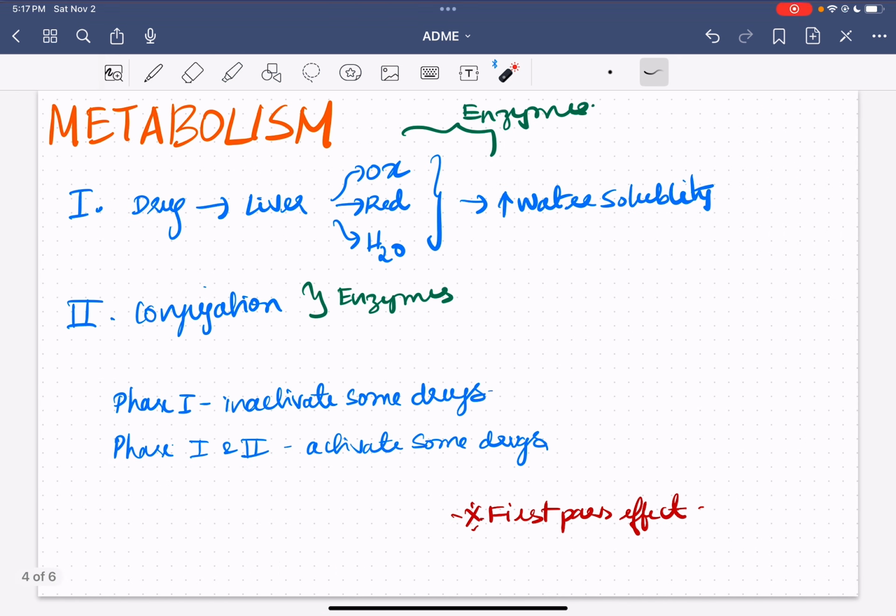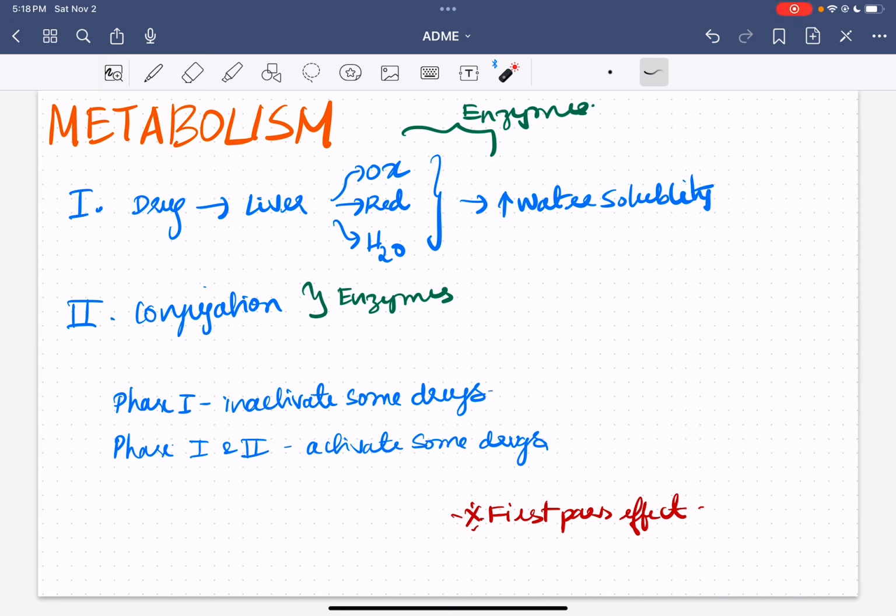Now what about metabolism? The metabolism of a drug primarily takes place in your liver. There are two phases to this. In the first phase, the drug reaches the liver and it gets oxidized, reduced, or hydrolyzed by various enzymes depending on the drug. What do these processes do? They make the drug more water soluble. And why is the body trying to make the drug more water soluble?